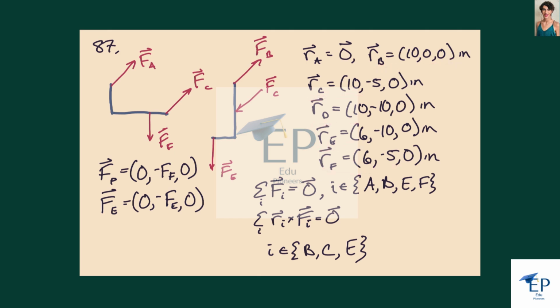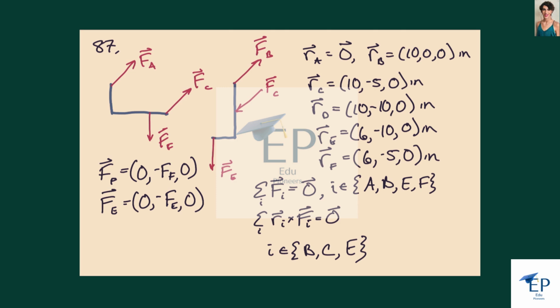And what I did is, in the first set of equations, force and moment balance, I looked at the whole structure, the entire structure. So force C cancels out, so we just have A, B, E, and F acting. We need those to sum to 0, and then we need the moments that they create to sum to 0.